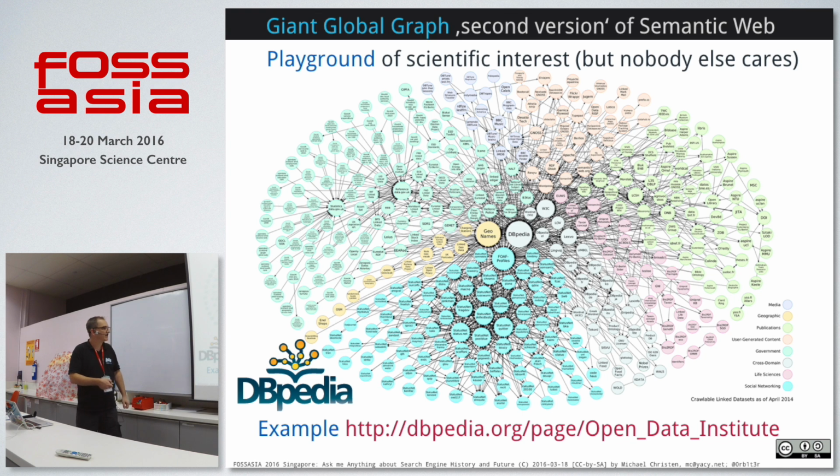And DBpedia is a nice attempt, and it's really working, to create metadata out of the Wikipedia. So you can try a link like this, and you get the Wikipedia page about the Open Data Institute in RDF annotation as metadata. So this could be a really nice basis to create something like a knowledge engine which can answer questions based on knowledge in a formal way.